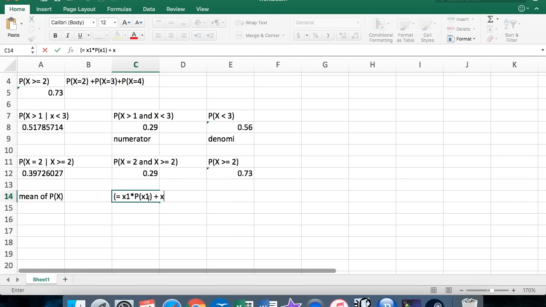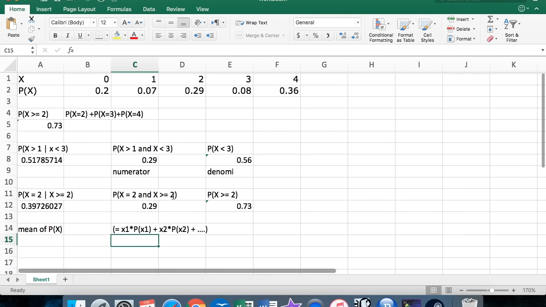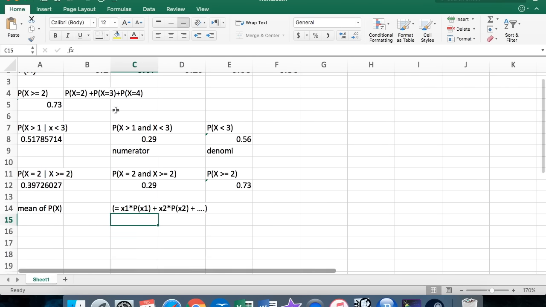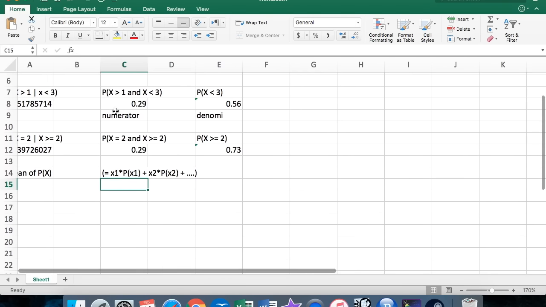Then you add x2, your second x value times the probability of x2. And you just keep going until you've gotten everything. So in this case, we'd go all the way up to x4 times probability of x4, right? So that's what we would do.